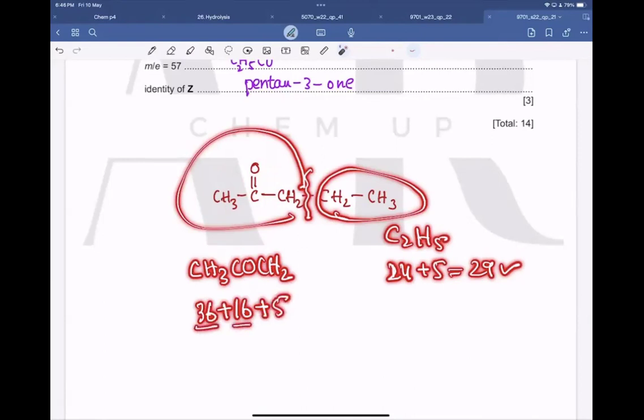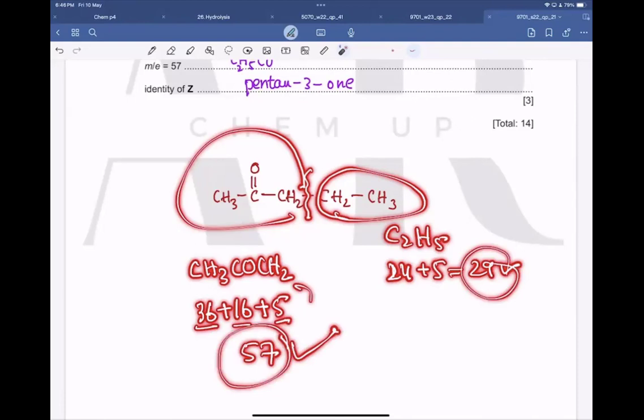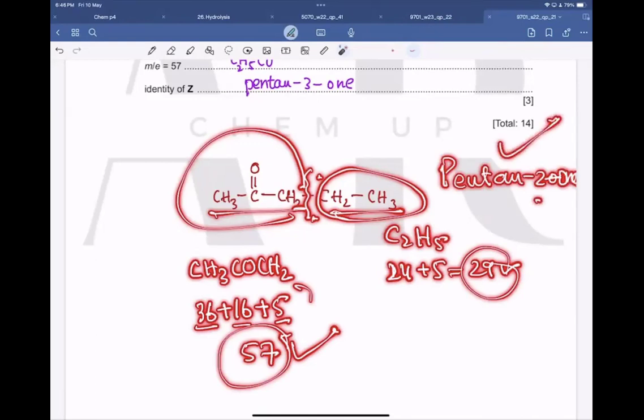So 36 plus 16 is 52, and 52 plus 5 is 57. You are getting the same mass over charge values. So if the student identified these fragments and identified the ketone as pentan-2-one, then it is also going to be a correct answer.